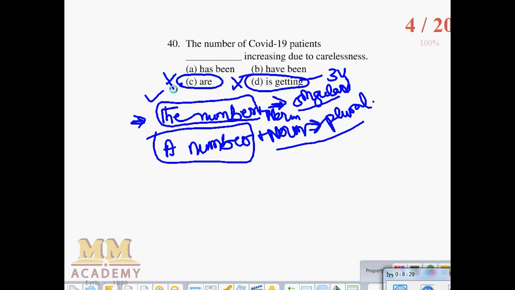The number of COVID-19 patients have been, according to this explanation, we don't use plural, we use singular. So have is again plural, and it's also wrong. And the number of COVID-19 patients has been increasing due to carelessness. A is the right answer, and this sentence is also right.